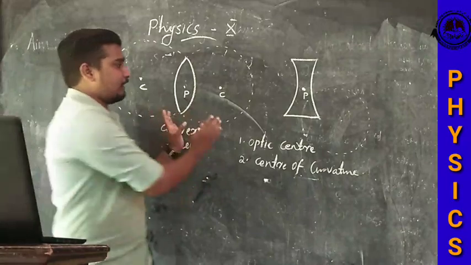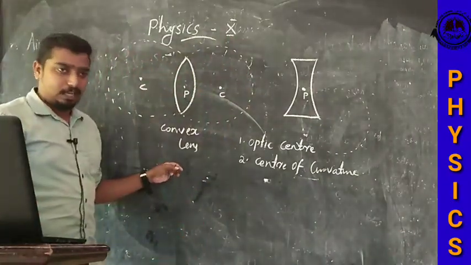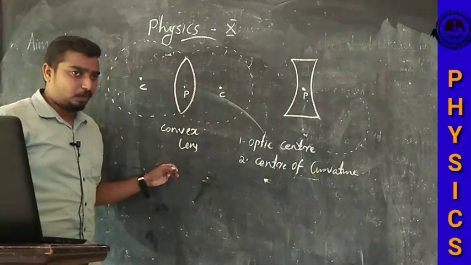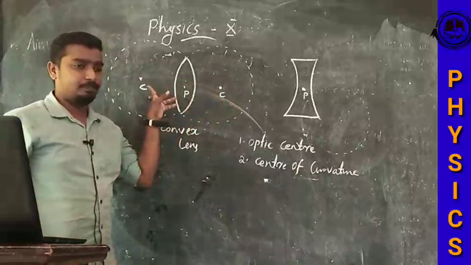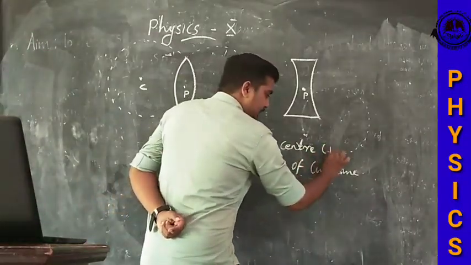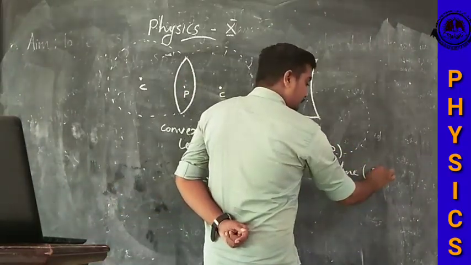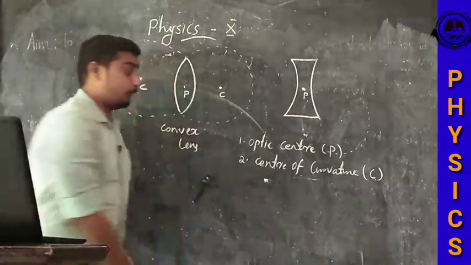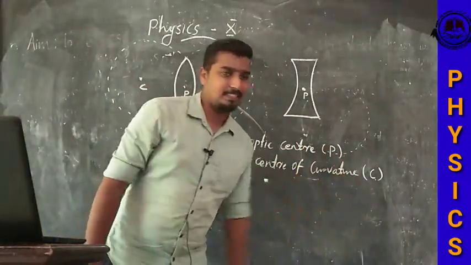First one is optic center, represented as P, and the second one is center of curvature, represented as C.